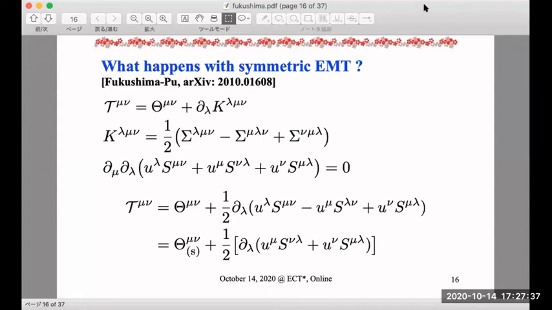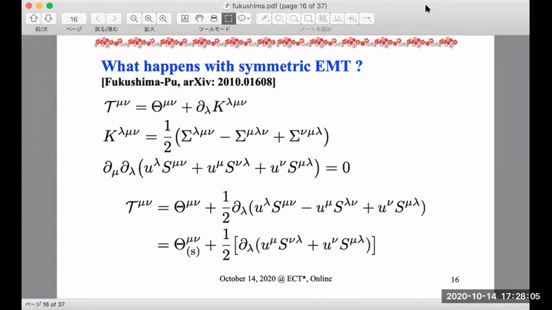And if you go back to the original question, maybe a confusing point in this slide is that there is no equation of motion for the spin potential. I think that's right, Kenji? Does the third line mean the equation of motion, Kenji? No, that is not the equation of motion. That is for the energy momentum tensor. In fact, the source of the question is not really whether it is thermal equilibrium or not.